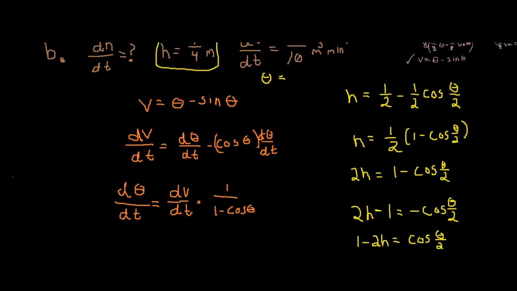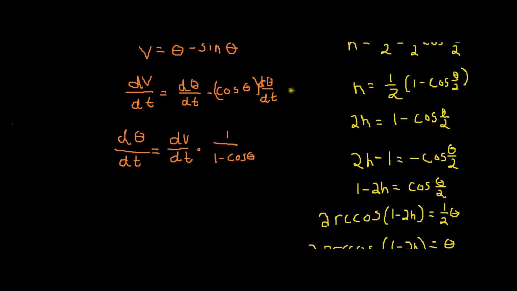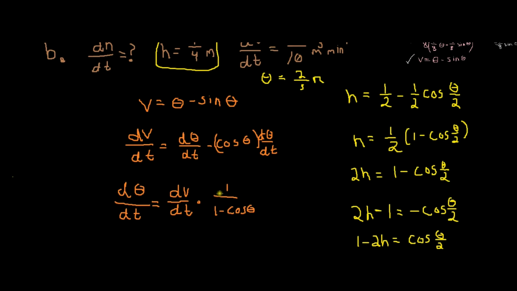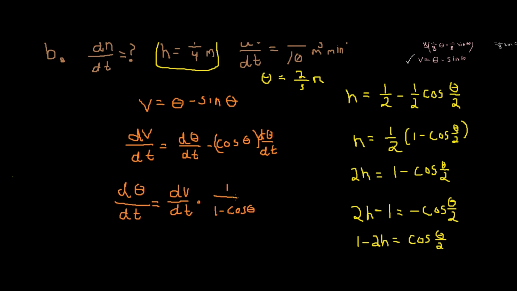It's not the square root of 3. So theta is equal to 2/3 pi, which means d theta/dt is equal to dV/dt times 1 over 1 minus cosine of 2/3 pi. Cosine of 2/3 pi is equal to negative 1/2.